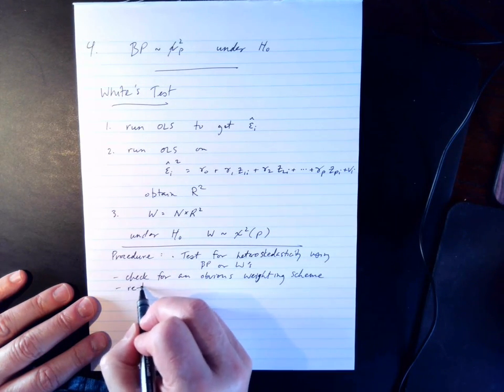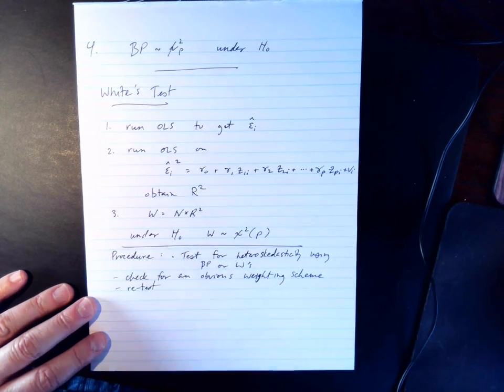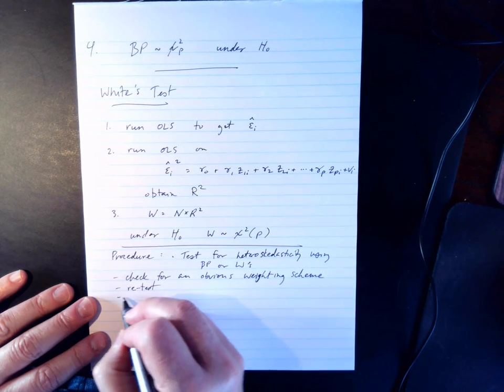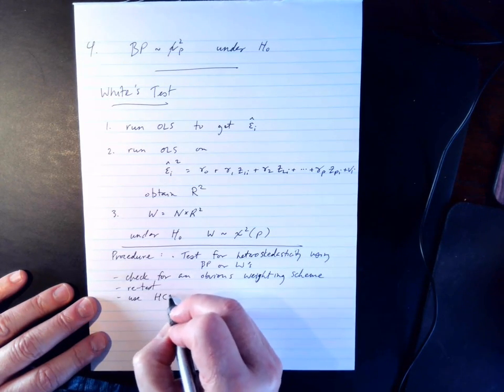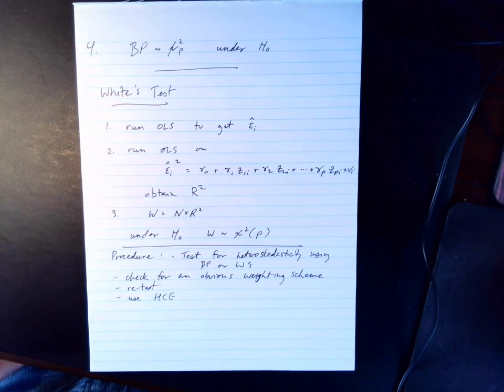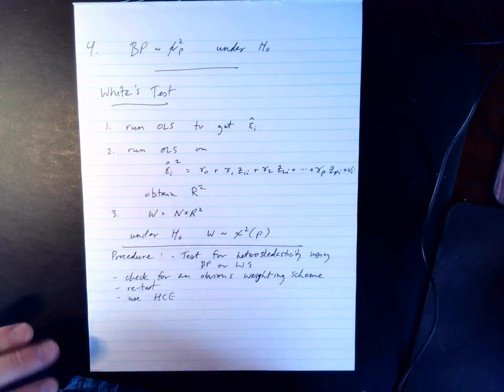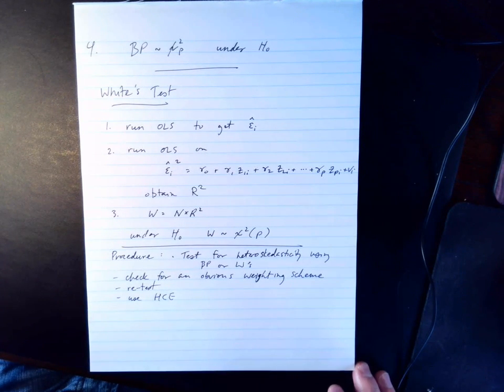Retest. And then if it's still present, use White's HCE. So this is how we deal with heteroskedasticity nowadays.